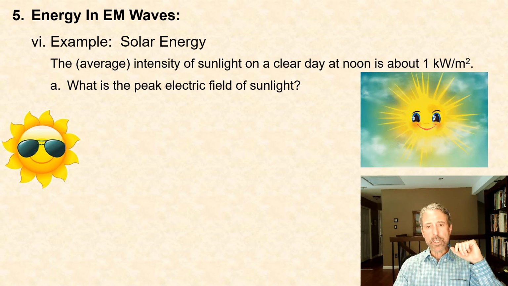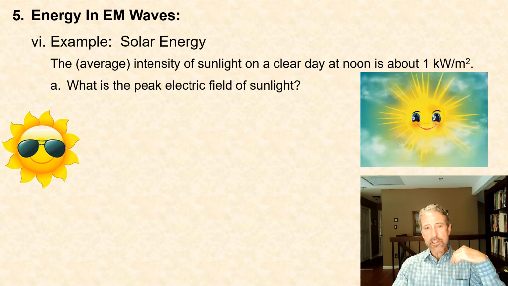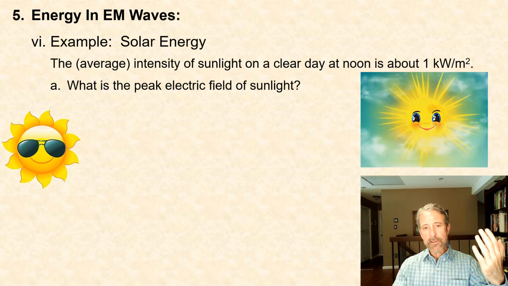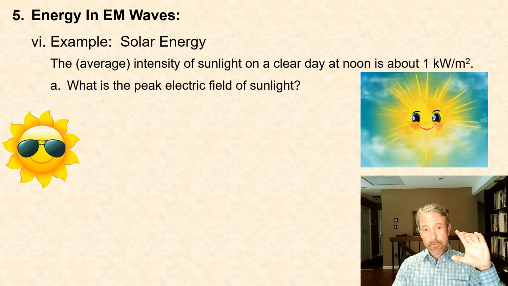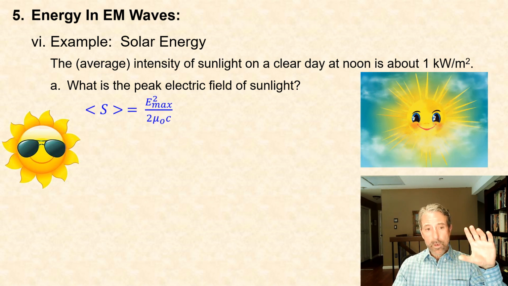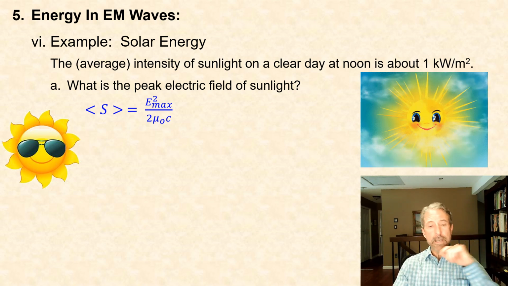Well, on the previous slide, we showed that the intensity of an electromagnetic wave, really that average value of the pointing vector, is related to the square of the amplitude of either the electric field or magnetic field. In this problem, we're asked to find the peak electric field strength, so we're going to start with our expression for electromagnetic wave intensity in terms of the electric field amplitude.